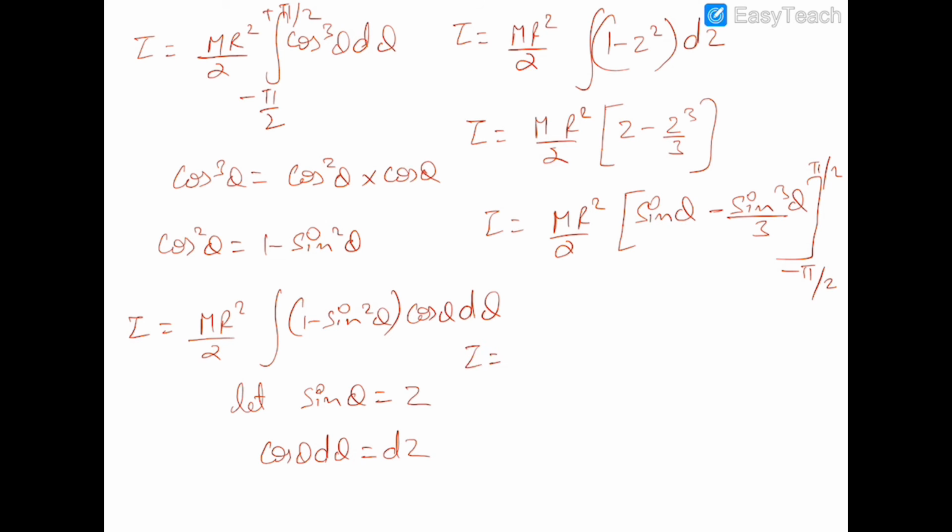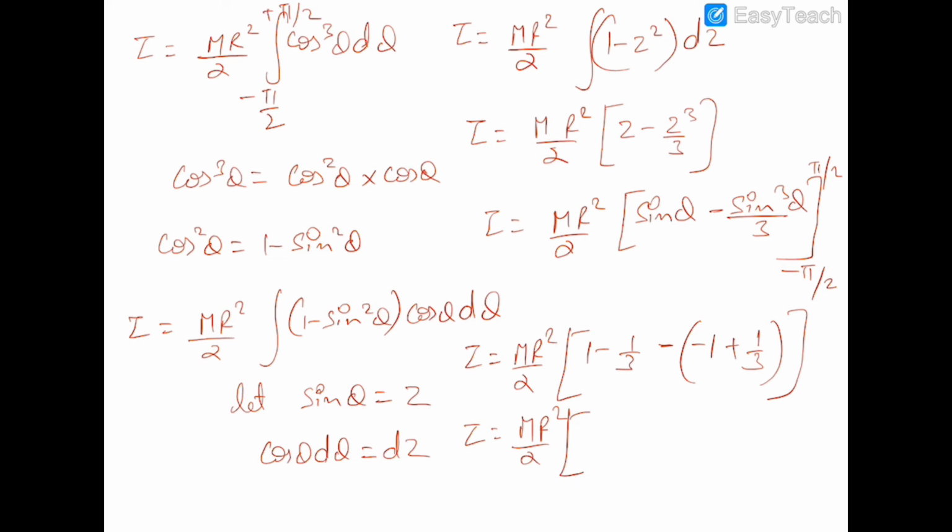So I would be equal to m r square by 2, and when I'm putting this limit pi by 2, this is 1 minus 1 by 3, and this is minus 1, and this is plus 1 by 3. So I would be equal to m r square by 2, and this is 4 by 3.